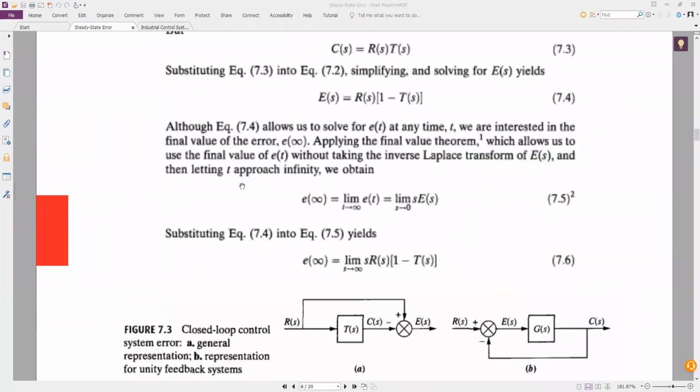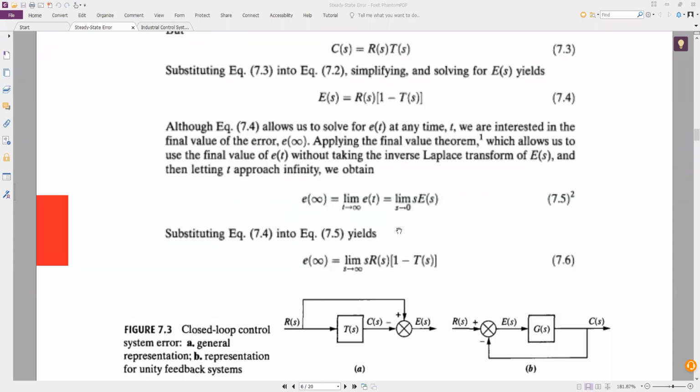Now, although equation 7.4 allows us to solve for e(t) at any time t, we are interested in the final value of the error, that means e(infinity). Applying the final value theorem, we take the inverse Laplace transform of E(s), then let t approach infinity.